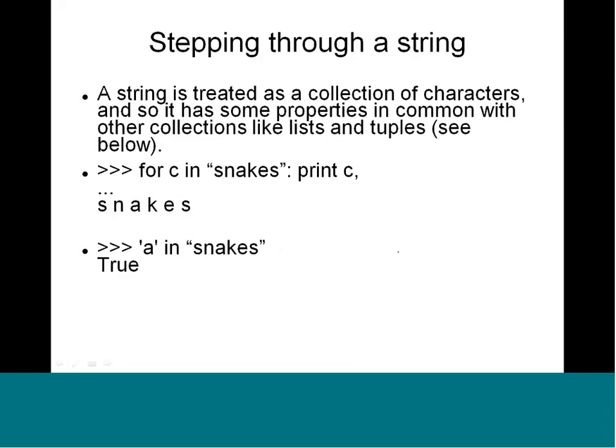So now let's look at how we can step through the string. We already saw some of this stuff. We have to treat the string as a collection of characters. So it has some properties in common with the other collections like lists and tuples.